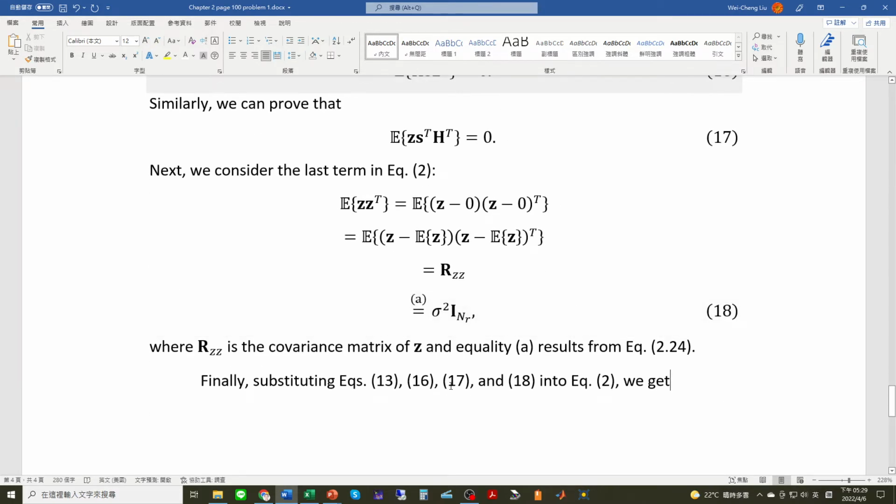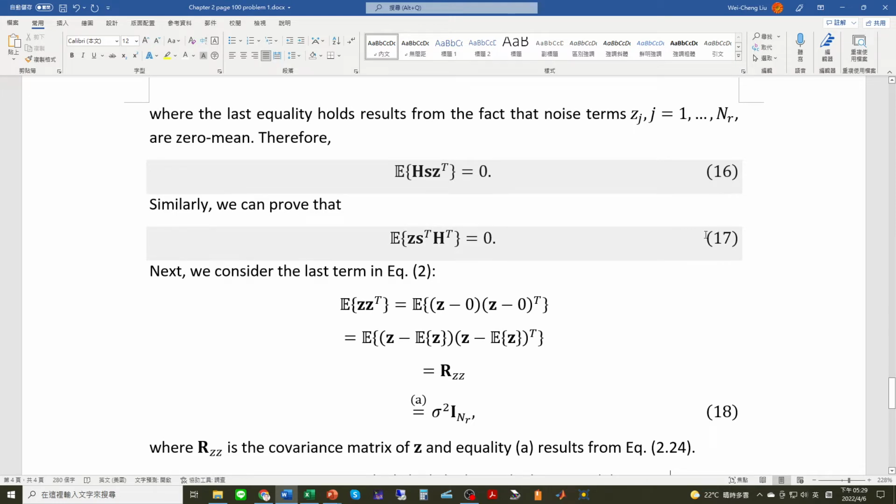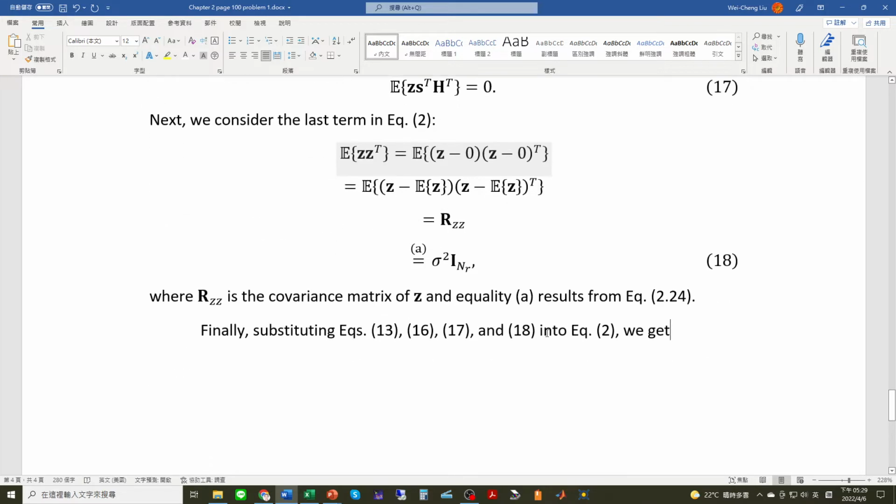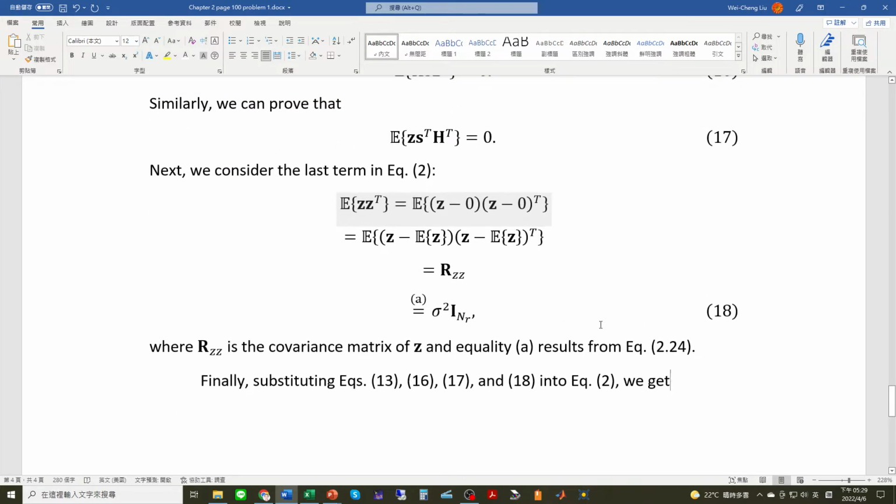And 17: the expectation of V times H transpose times H transpose is equal to 0. And 18: the expectation of V times Z transpose is equal to sigma square I_NR.